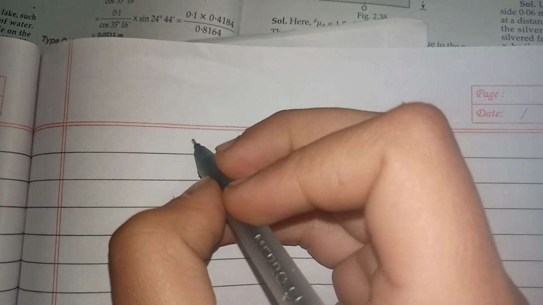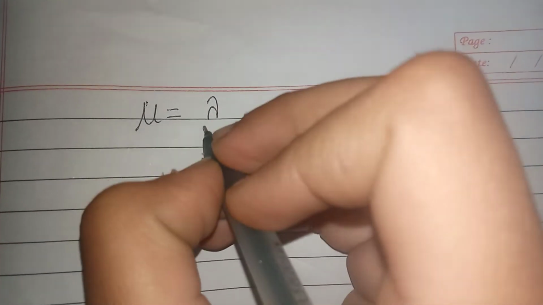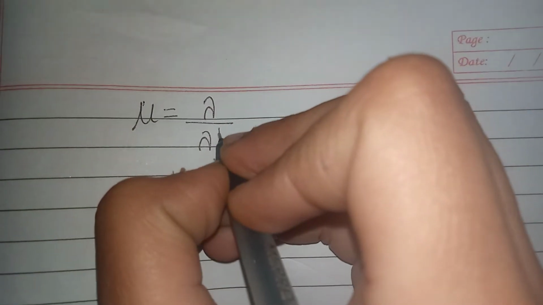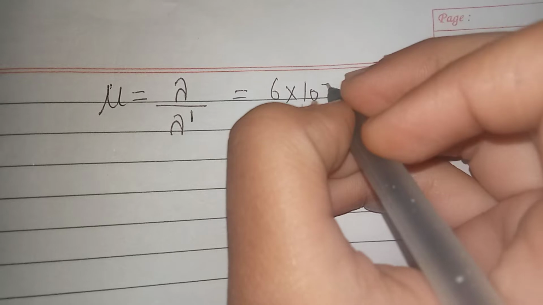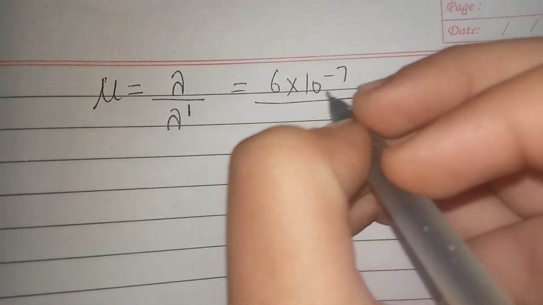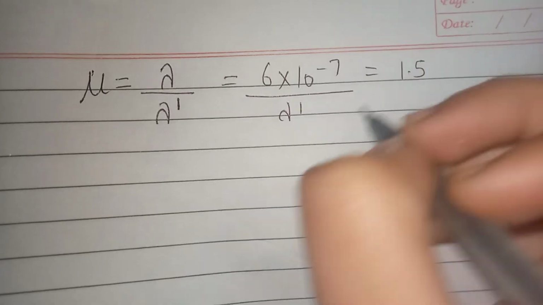Now the wavelength of the light in medium. So mu will be equal to wavelength of light in vacuum divided by wavelength of light in medium. This is 6 into 10 raised to power minus 7. Lambda dash we don't know, mu is 1.5.